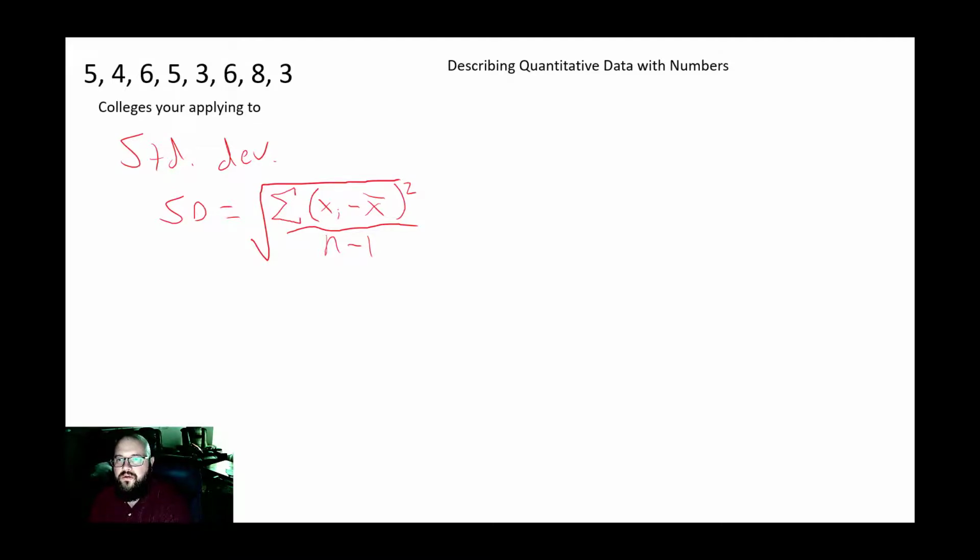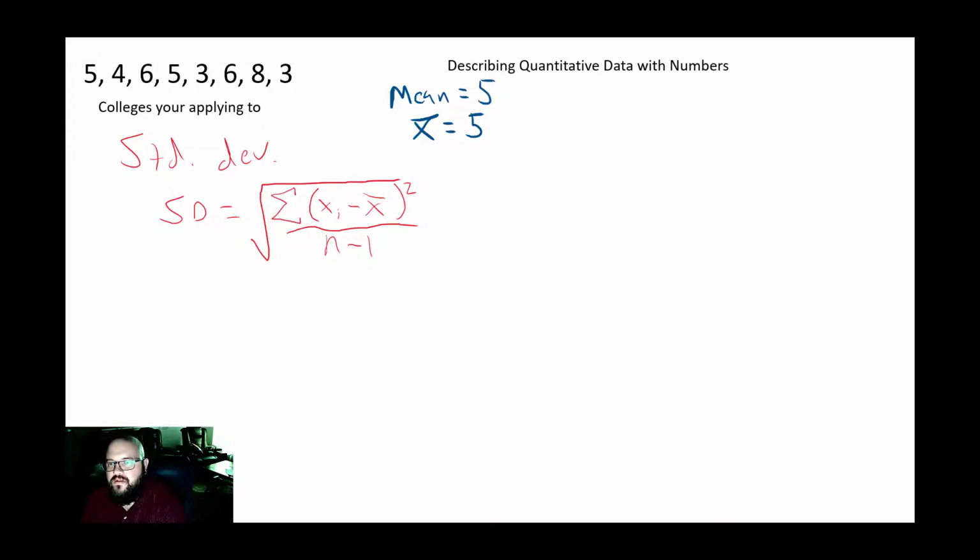So we know, as we said above, our mean is equal to 5. So we know that our x bar is equal to 5. Now your x with little subscript i, this means your initial value, or the values that you have there, okay? So with this, let's list all these numbers out.